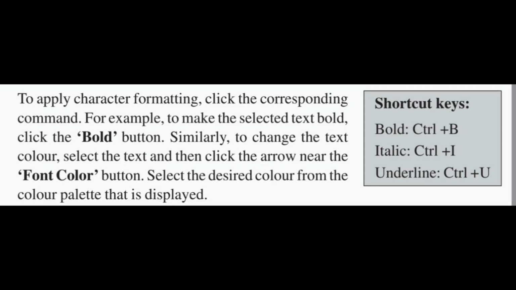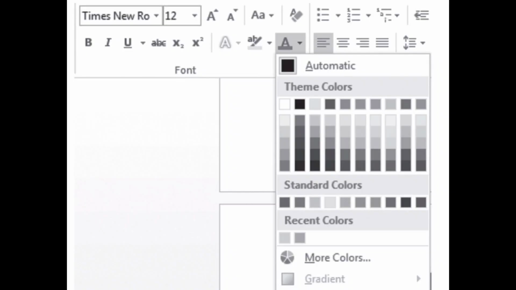Then if you want to change the color, the same thing, there is an arrow mark near the word, you can click it and then there will be font colors according to your importance of the color. You can change the color of the fonts. So there are some shortcut keys.